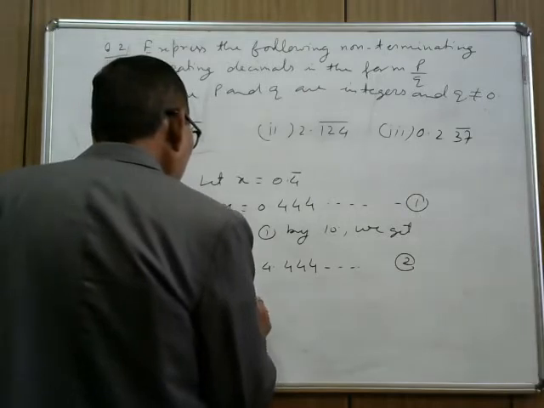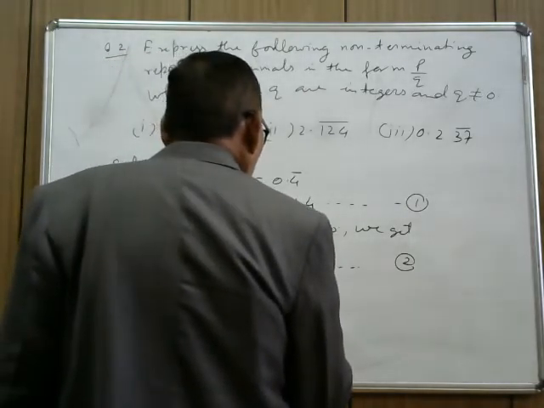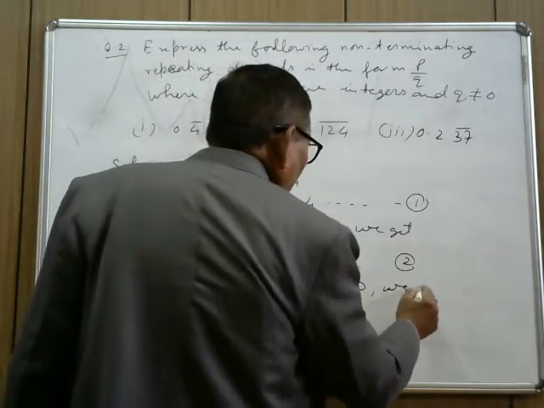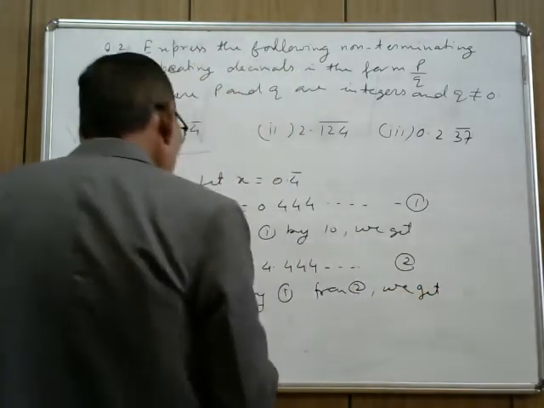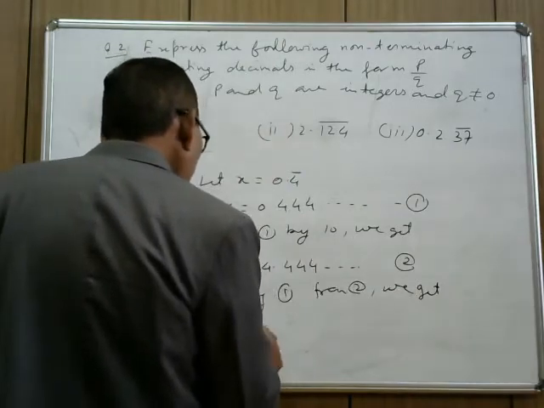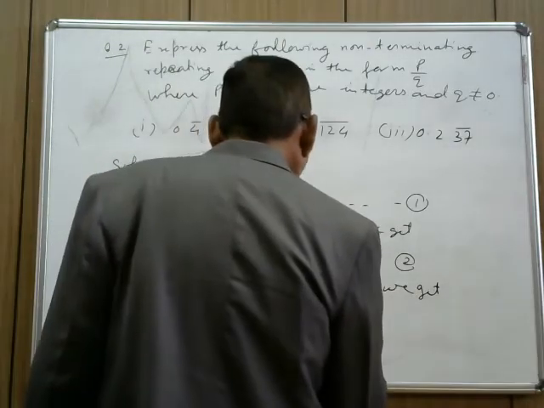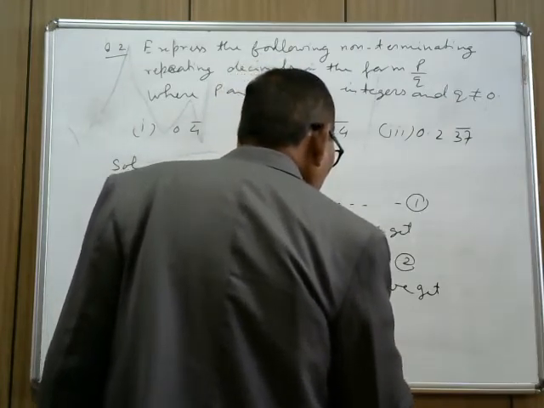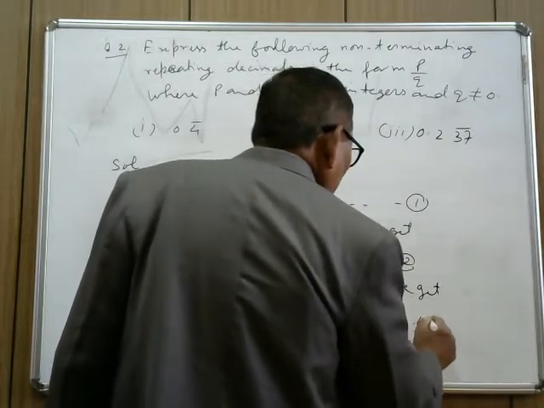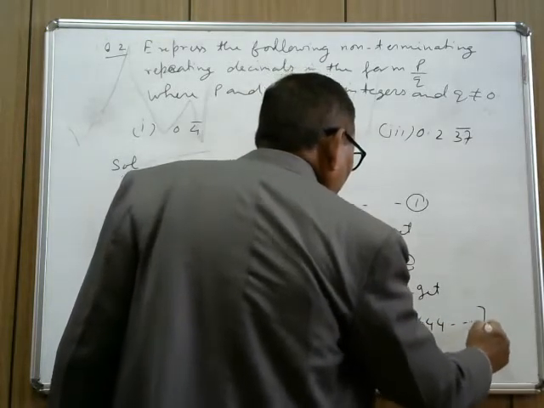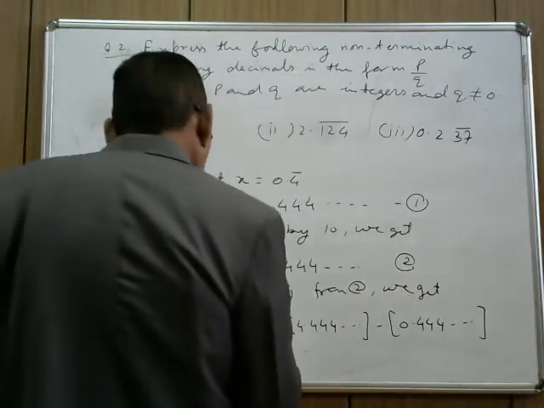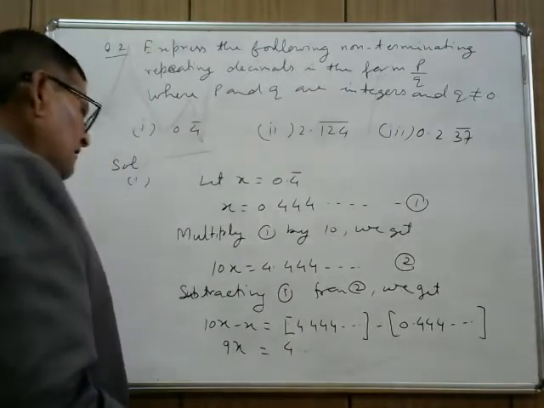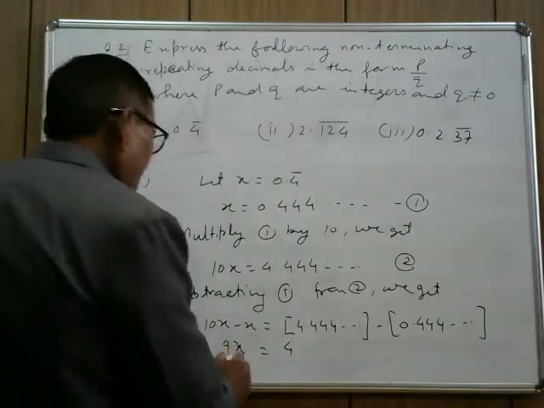Subtracting 1 from 2, we get 10x minus x is equal to 4.444 and so on, minus 0.444 and so on. This is 9x, and this is equal to 4. You divide both sides of this equation by the coefficient of x.